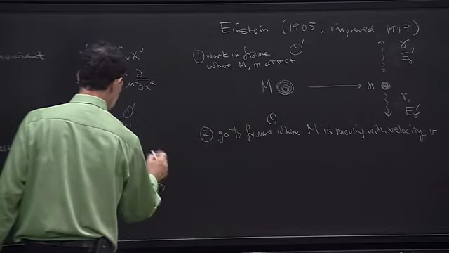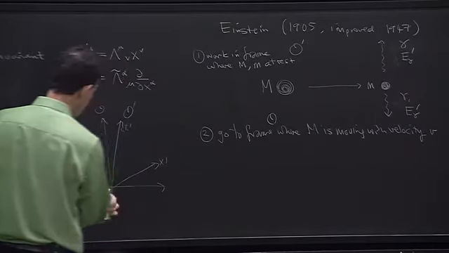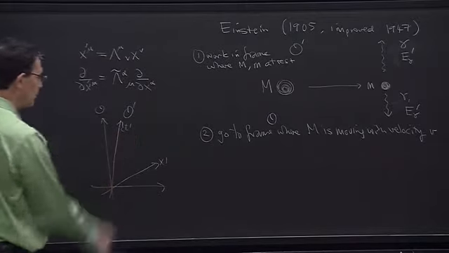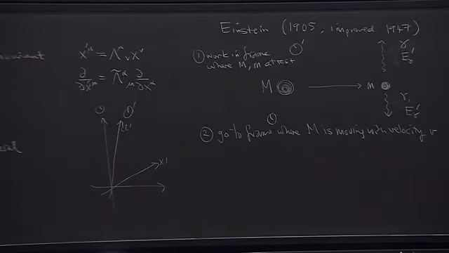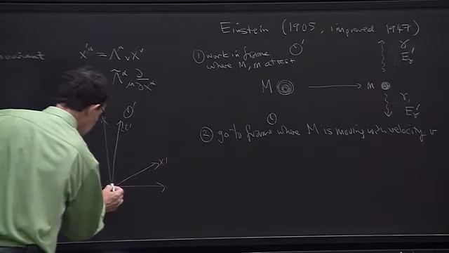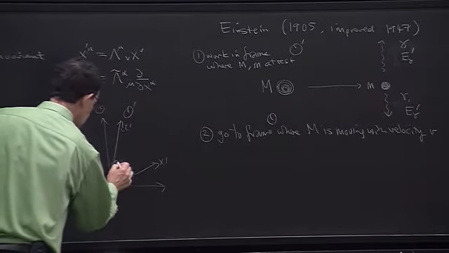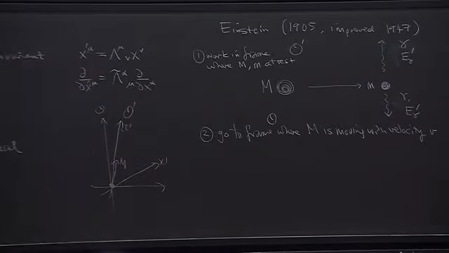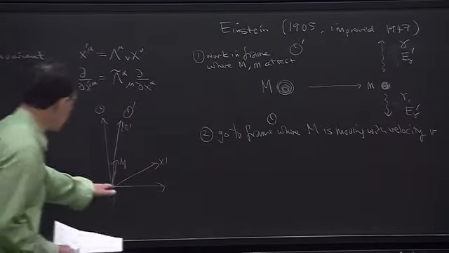T prime, CT prime, X prime. So obviously, according to O, O prime is moving. The particle capital M is going to be moving along this axis just through time, CT prime. The position will remain fixed.